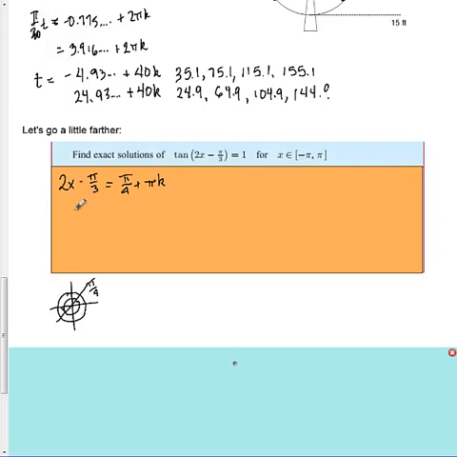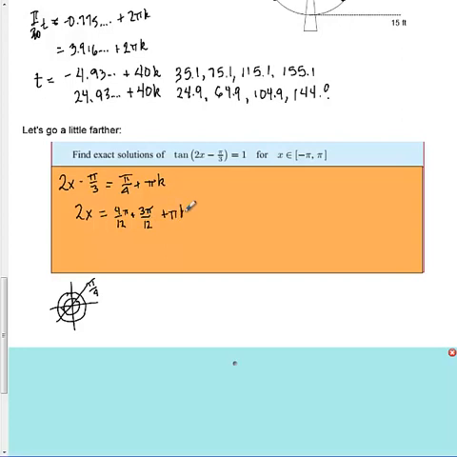So we start by adding pi over 3, and we get 2x is equal to pi over 3 plus pi over 4, which is 4 pi over 12 plus 3 pi over 12, over 12 plus pi k.